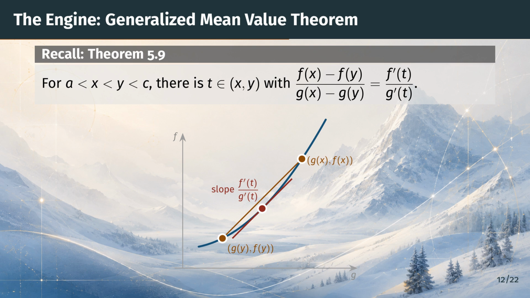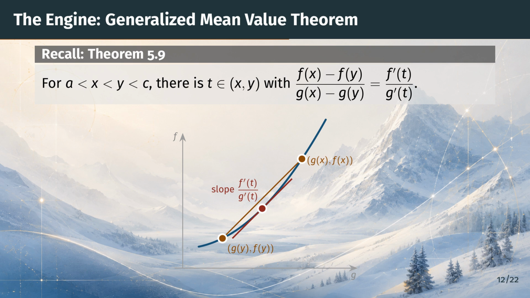The slope of that tangent is the ratio of the derivatives f prime of t over g prime of t. Intuitively, the average rate of climb measured across the chord must be matched by the instantaneous rate at some point in between. So a bound on the derivative ratio becomes a bound on the chord slope.